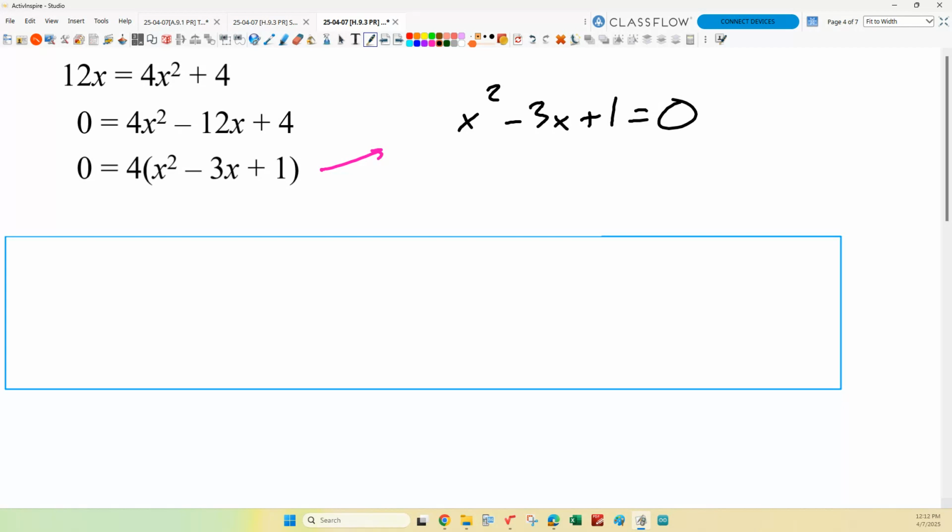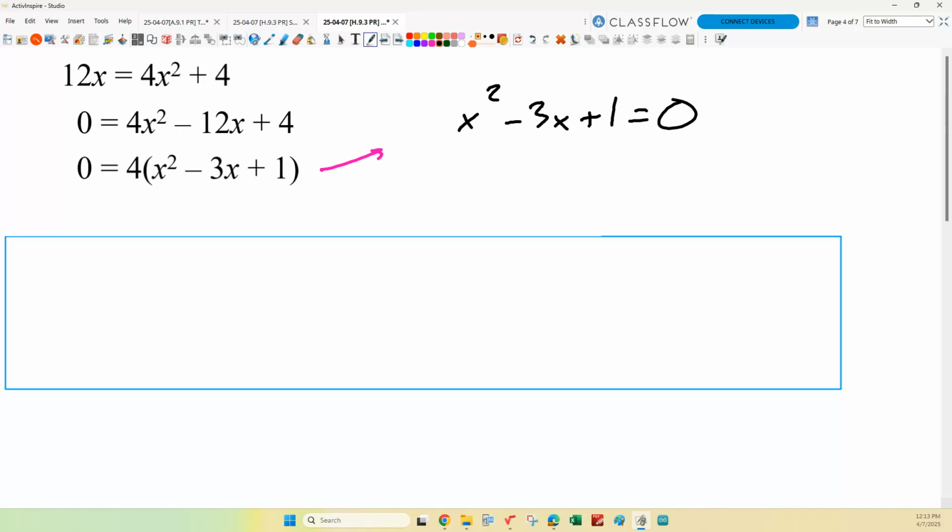Okay, so how am I going to solve that quadratic equation? What are you going to do? Maren, what do you think? What would you do in that one? What technique would you use? I mean, can you find magic numbers?